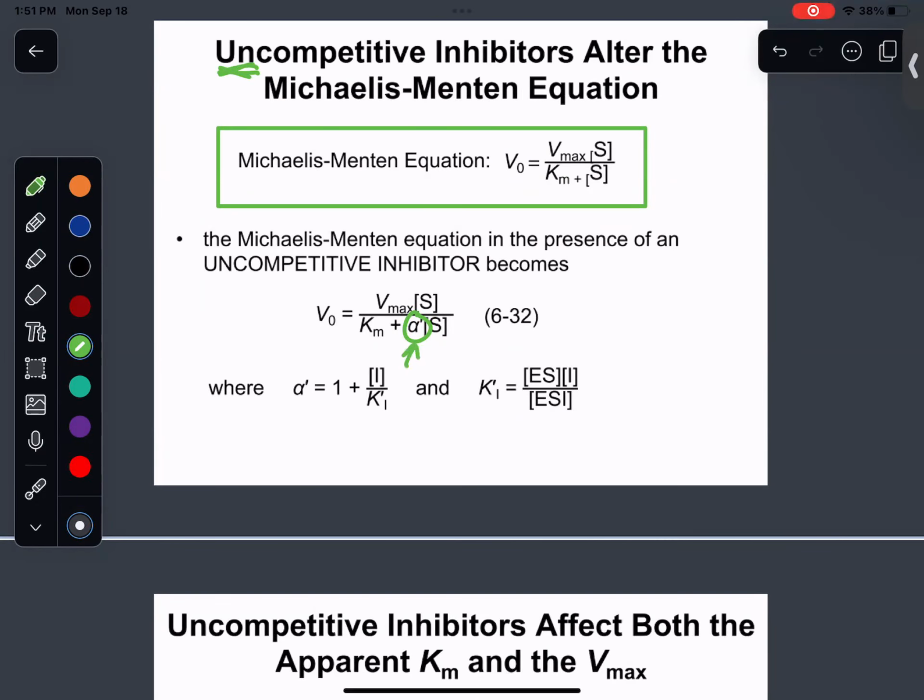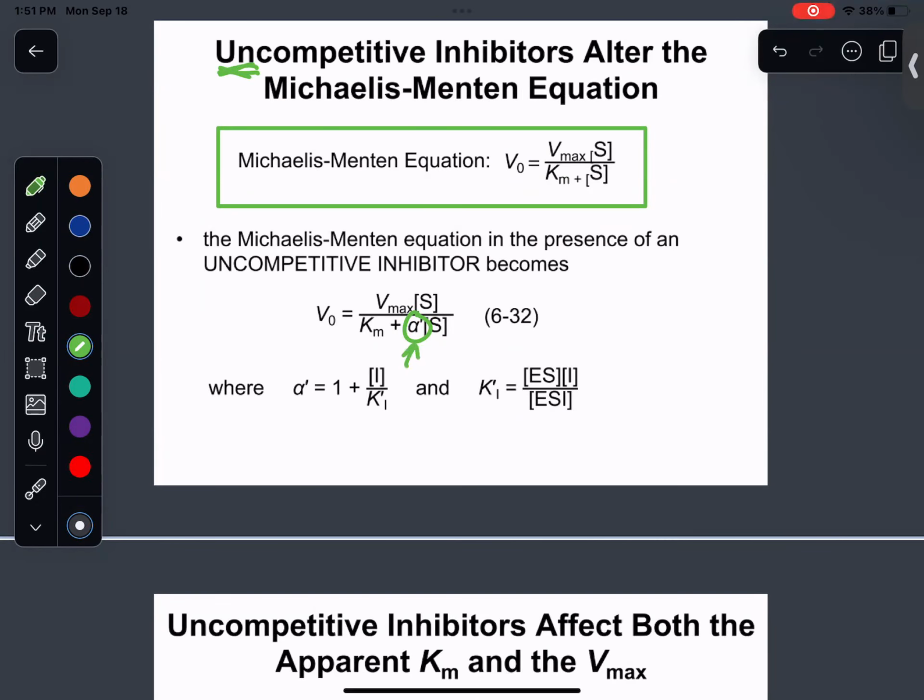Now, contrary to our competitive inhibitors, in uncompetitive inhibitors, we're going to see both the Vmax and the apparent Km change. They're both going to change. So let's just run through this here. The measured Vmax decreases because at high substrate concentrations, the initial velocity approaches Vmax over alpha prime.